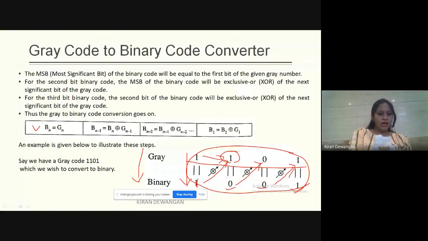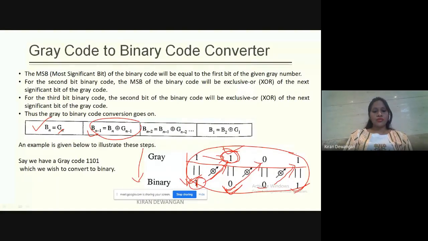Now in the formula, we have to find binary, right? So Bn equals Gn. Now Bn minus 1, that is this particular bit, is Bn XOR Gn minus 1. This is what is written here: Bn getting XORed with Gn minus 1.